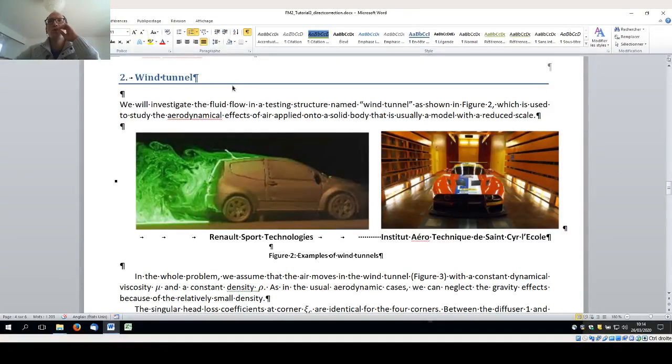The focus will be to treat this problem where you put, let's say, a model car inside the wind tunnel and you want to study what's happening in this wind tunnel, and especially you will investigate the fluid flow happening in this wind tunnel, and we'll study a bit at first how a wind tunnel is working.